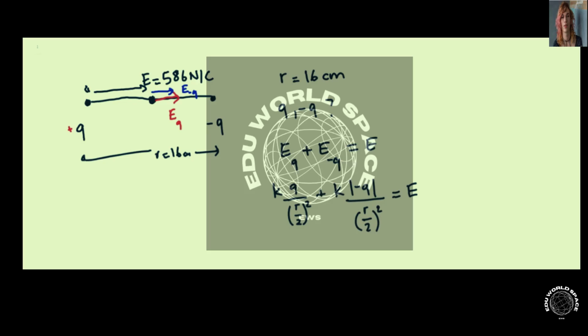Now, let me continue here. kQ over R squared over 4, then another kQ over R squared over 4, equals this electric field.